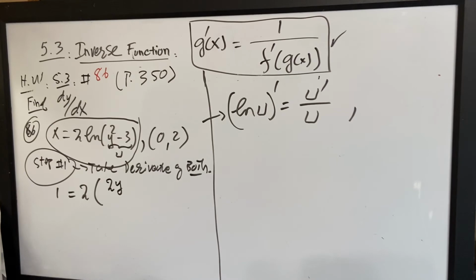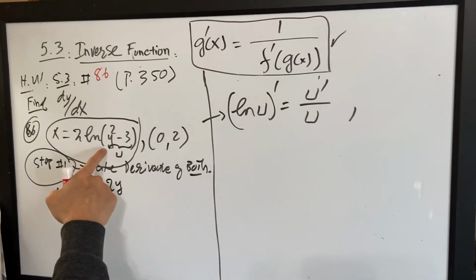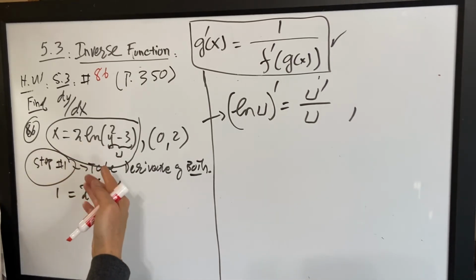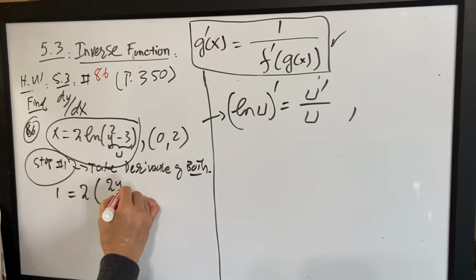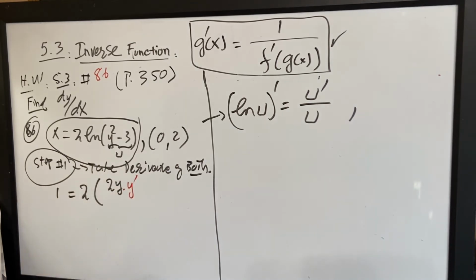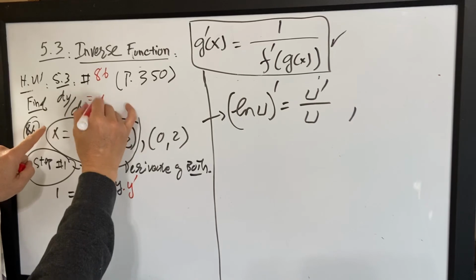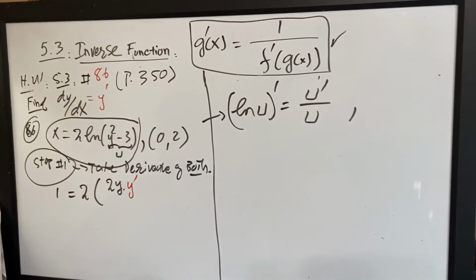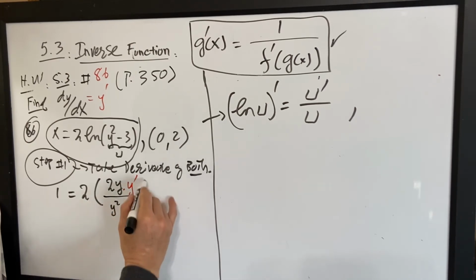What else? We know that y is also another function of x, therefore we do the implicit form. This is equivalent to y prime. All notations are equivalent at this point. That's your u prime over u, which is y squared minus 3.